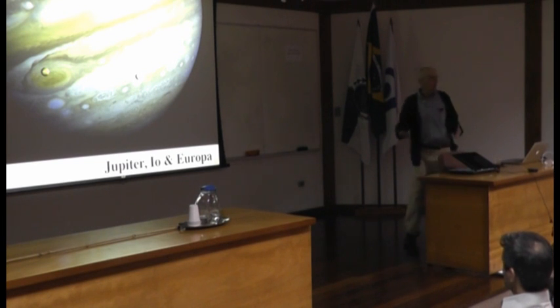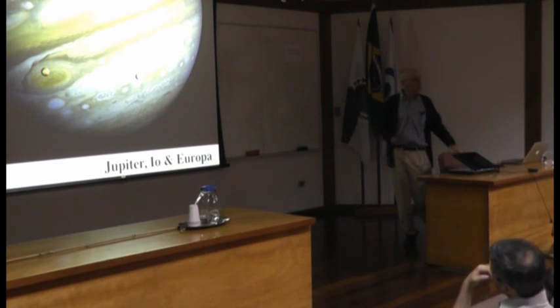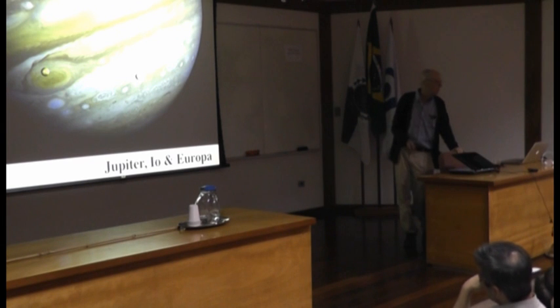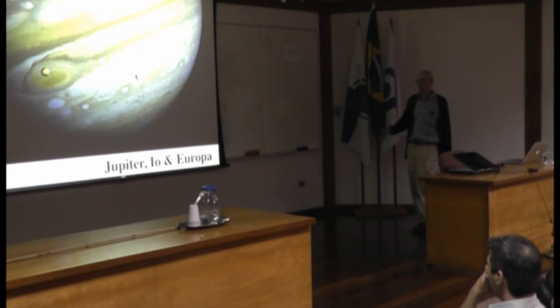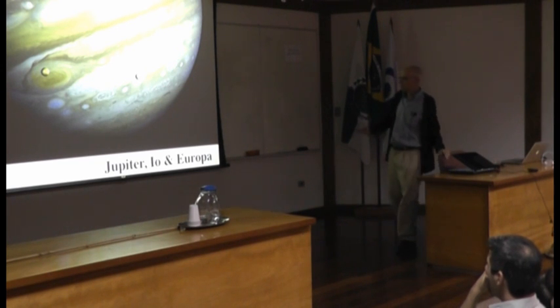Okay, let's go beyond the asteroid belt and samples of the asteroid belt to the outer solar system. Nicer picture of Jupiter now. And this has two of its moons, Io and Europa. For scale, Io is slightly bigger than our moon. Europa is slightly smaller.